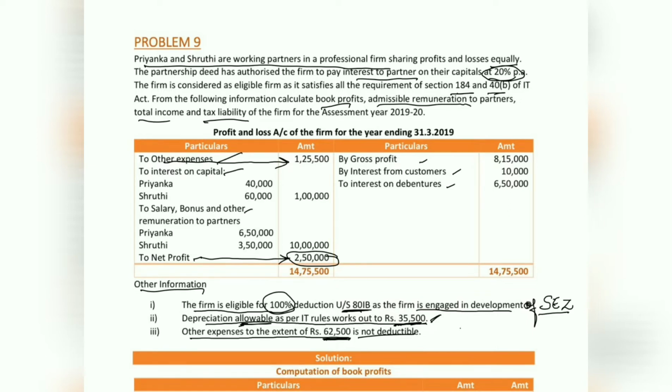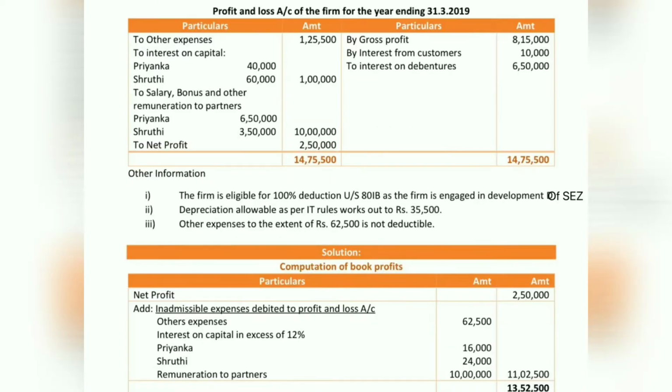Okay, so let us compute the problem. The first step is to compute book profit. Let us start with the computation of book profit. Net profit as per the profit and loss account is 2,50,000, which we have considered here. We will add all the inadmissible expenses debited to the profit and loss account.